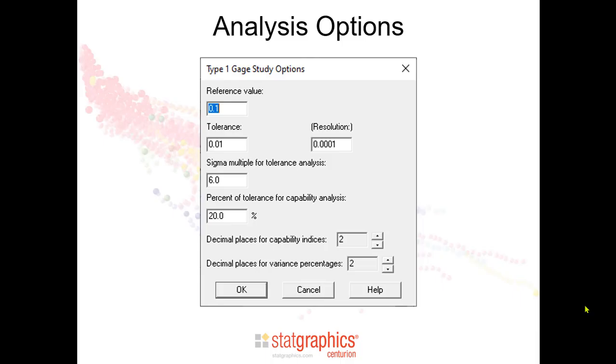The next dialog box specifies analysis options. This includes a reference value, a tolerance, an optional resolution, the sigma multiple to be used for the tolerance analysis, and the percent of the tolerance to be used when computing capability indices.